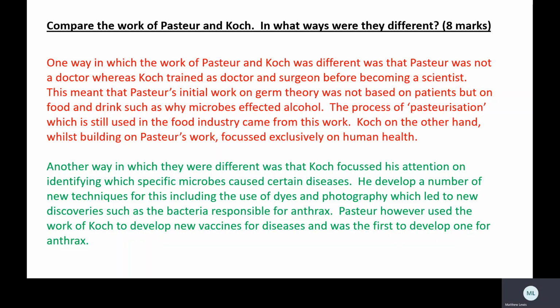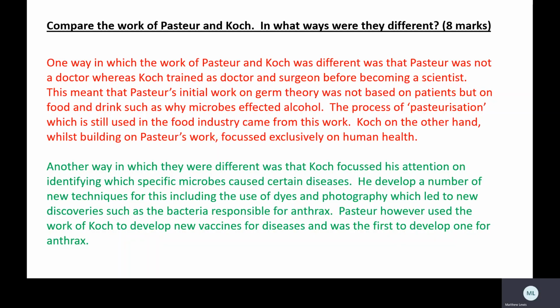Pasteur, however, used the work of Koch to develop new vaccines for diseases, and was the first one to develop a vaccine for anthrax. So what I've said there is that Koch was very much focused on ways he could identify the specific causes of certain diseases, the specific microbes that related to specific diseases, which was slightly different from Pasteur, whose focus was on developing vaccines.